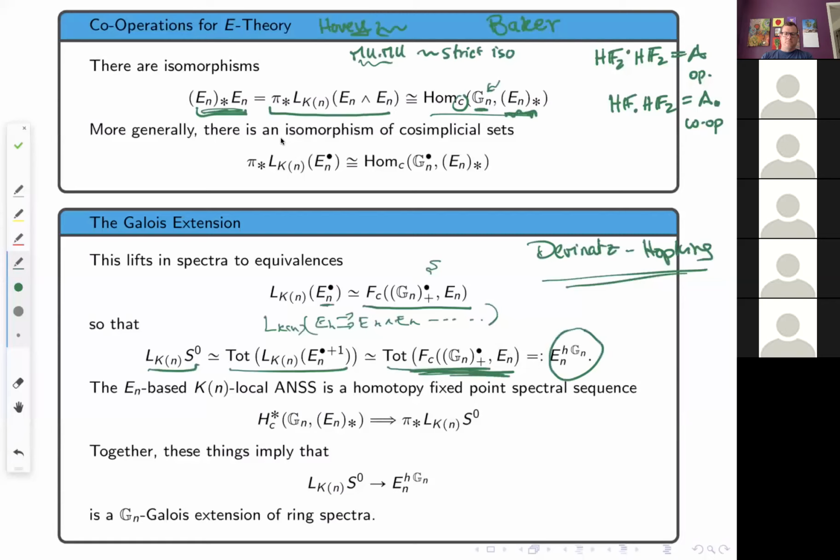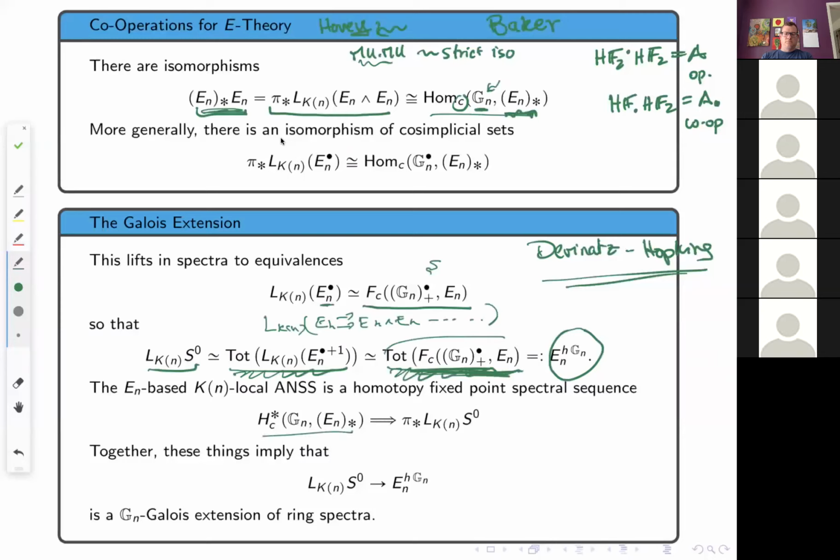Okay. So and this is not arbitrary. So now, if you look at it in this context, then the E_n-based K-local Adams-Novikov spectral sequence, the spectral sequence you get from this one here, is the spectral sequence you get from something like this, and that's going to be a homotopy fixed point spectral sequence.